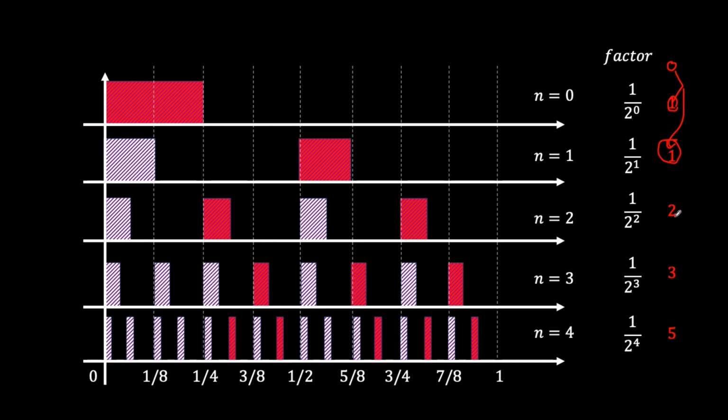And this 5 here is the same as 2 plus 3 being equal to 5. And in succeeding n's, we'll have to follow that sequence. And this is what we call the Fibonacci sequence. It is a very famous sequence in mathematics and computer science.